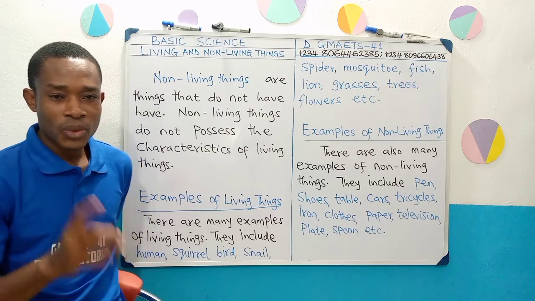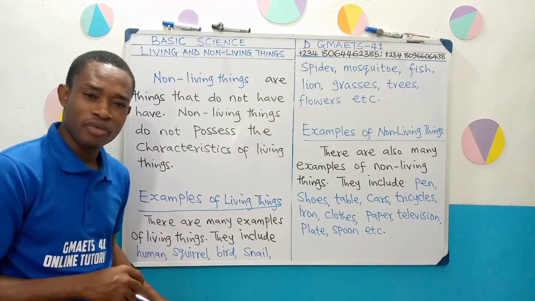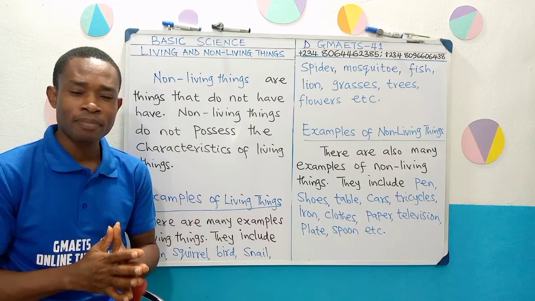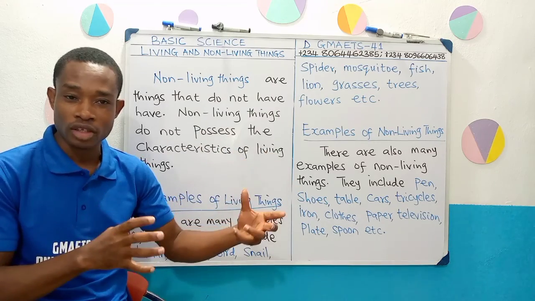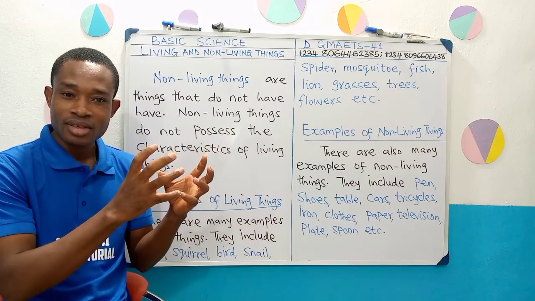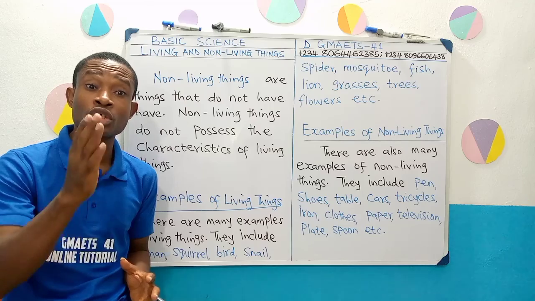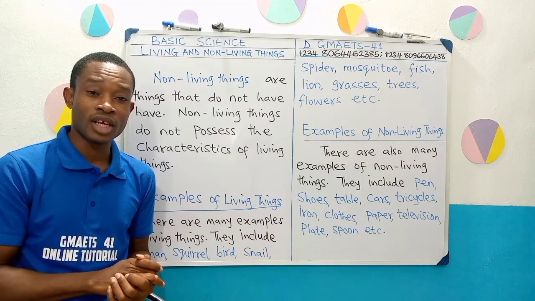Squirrel is an example of a living thing. Have you seen a squirrel before? Do you know the animal called squirrel? Don't worry, okay? The GMAS 41 had an outdoor video shot to collect samples of living things and non-living things in order to show you so that you can see examples of living and non-living things yourself.